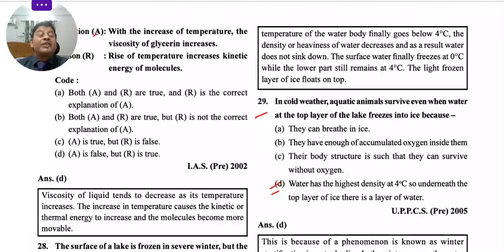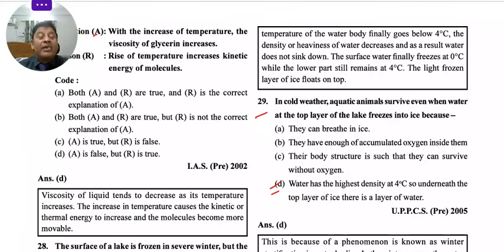Now देखते हैं इसको. Assertion है, with the increase of temperature, the viscosity of glycerin increases. Reason है, a rise of temperature increases kinetic energy of molecules. अब देखिए इसमें क्या क्या है, इसमें कौन सही है और कौन फॉल्स है. Both A and R are true and R is a correct explanation of A. No. Both A and R are true, but R is not the correct explanation of A. No. A is true, but R is false.